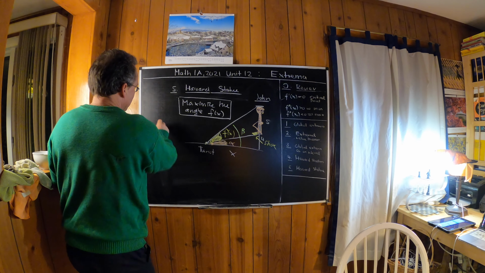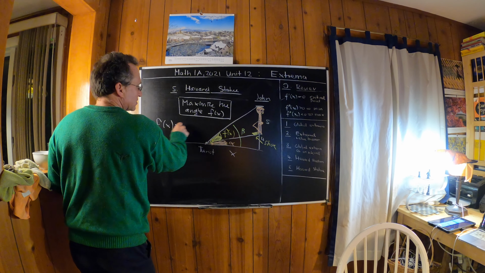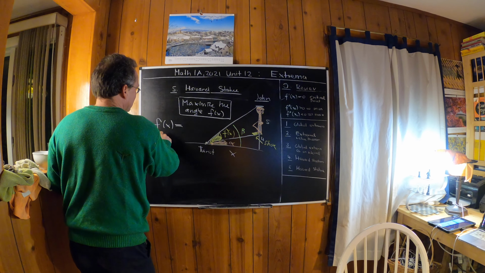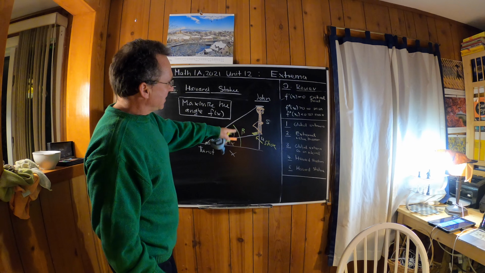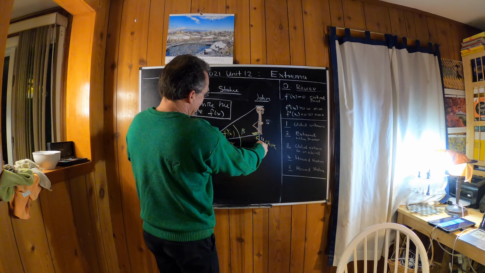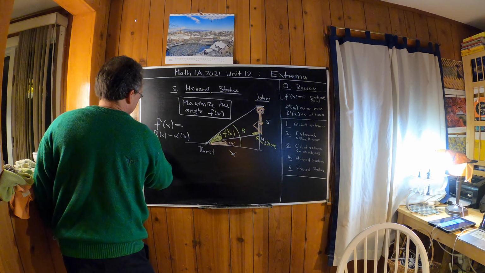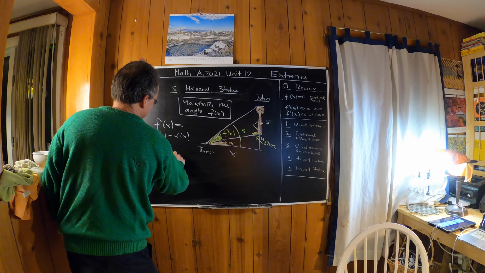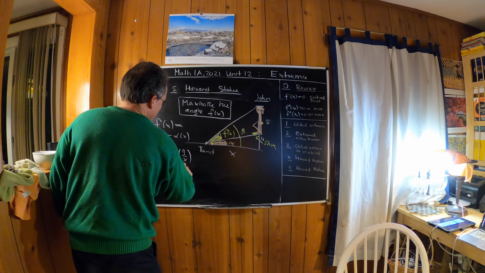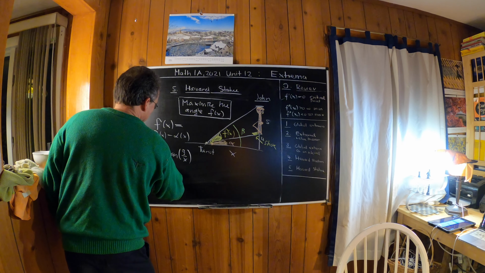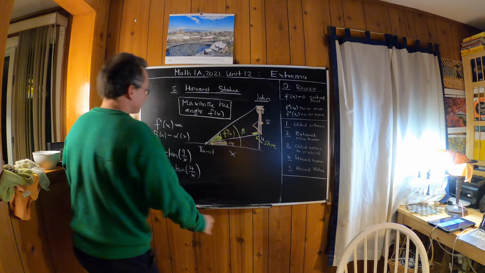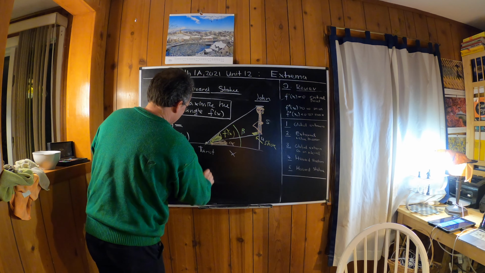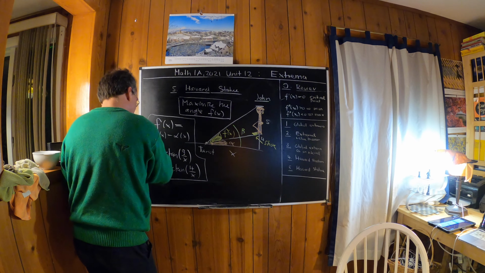So f of x is equal to beta of x minus alpha of x. Right? The bigger angle minus the smaller angle. The bigger angle is the arctan of 9 over x, and then minus the arctan of 4 over x. So that's the function we want to extremize.